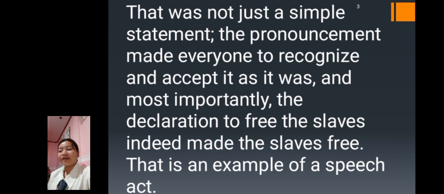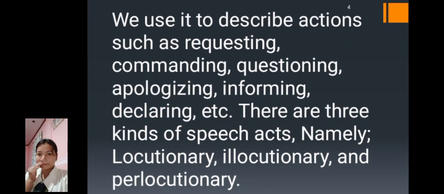You can further relate it to the broader theory of speech act in linguistics, where declarations change the status of individuals or things through the force of words. So next, we use it to describe actions such as requesting, commanding, questioning, apologizing, informing, declaring, and etc.